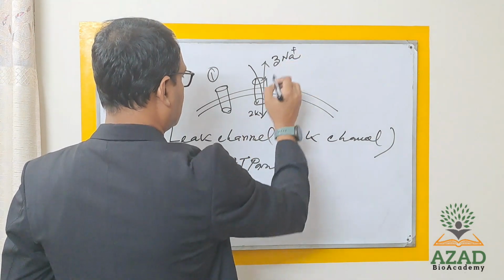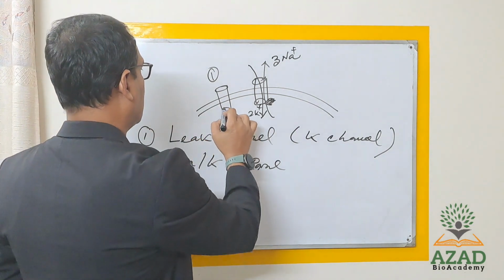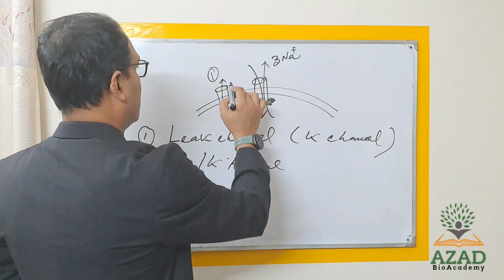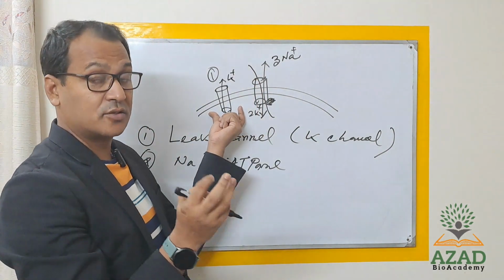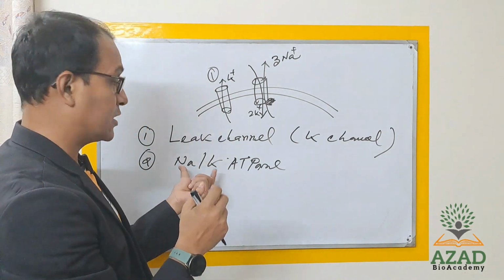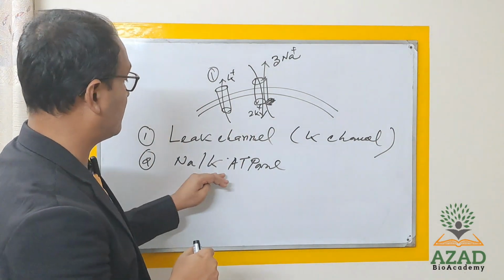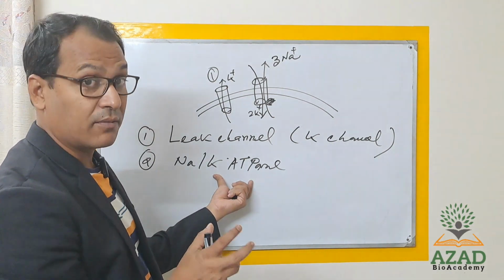And here at the leak channel, potassium will exit, which is the always open channel. So you can consider the sodium potassium ATPase channel as a sodium potassium pump.